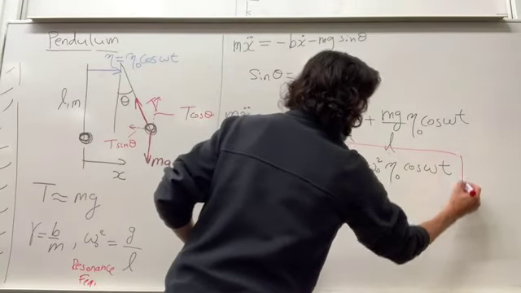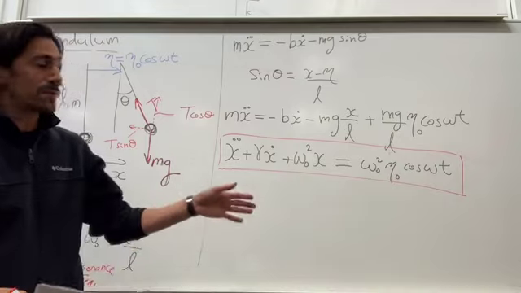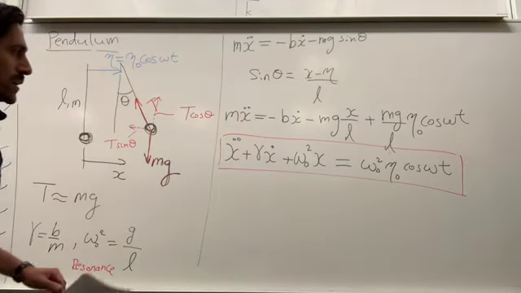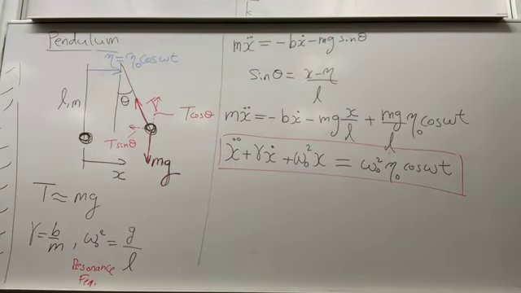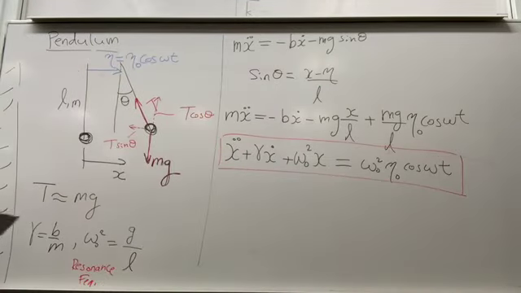See, every time that you get to this point, you've managed to translate the problem from the physical problem into a mathematical problem. But this is just as before, right? So we've solved this already. It is as before.